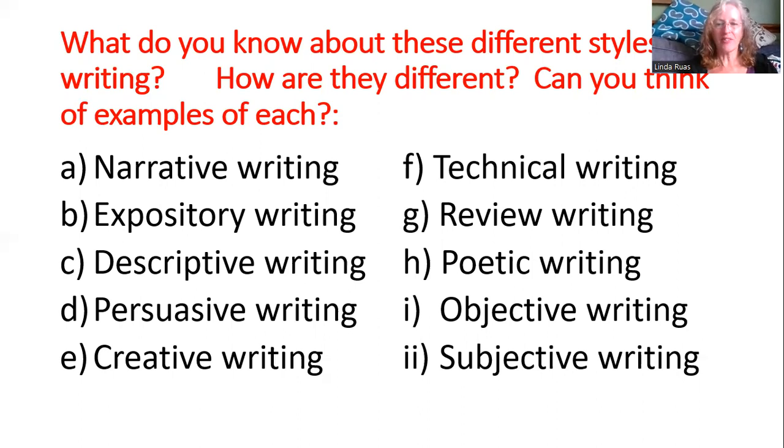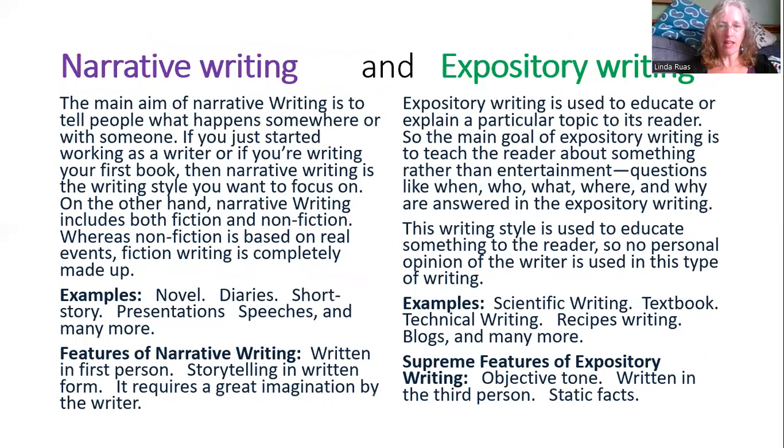Okay, so do you know all of these? Let's have a look now. I'm going to send you the PowerPoint later, but let's have a look to see if you agree with these differences. So narrative writing, yeah, telling people what happens.